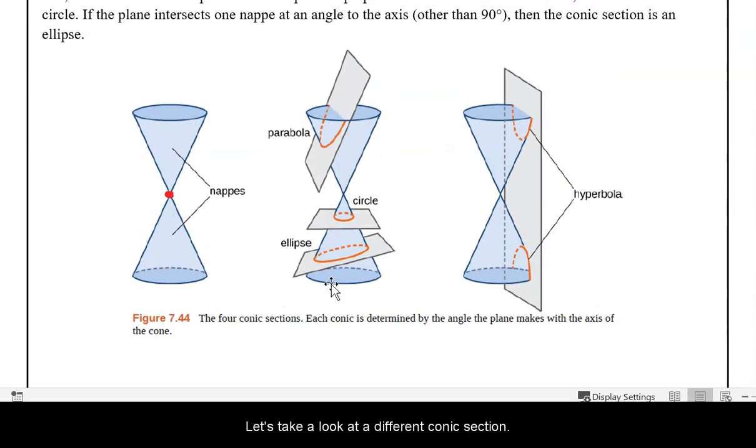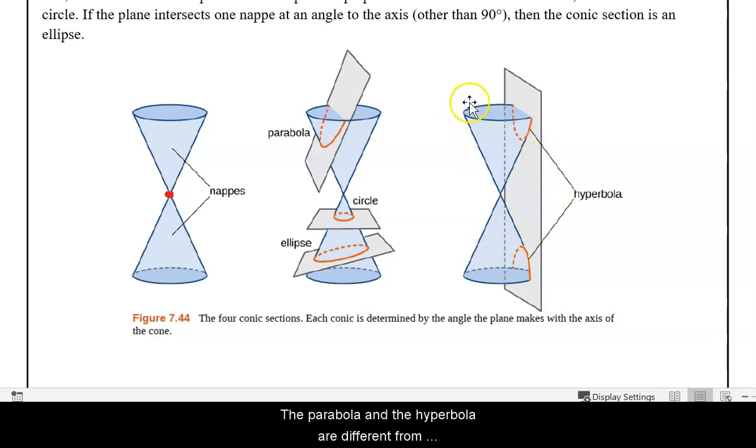Let's take a look at a different conic section. The parabola and the hyperbola are different from the circle and the ellipse in that on the parabola, you'll see that while it is cutting through one side of the cone, it's not cutting across the other side. Both the circle and the ellipse cut through both sides of the cone completely.